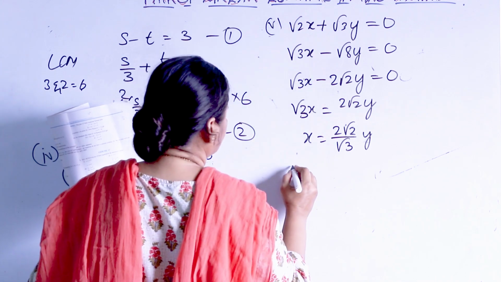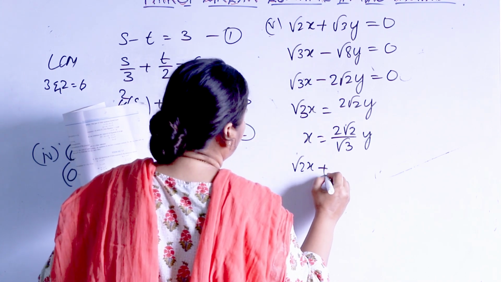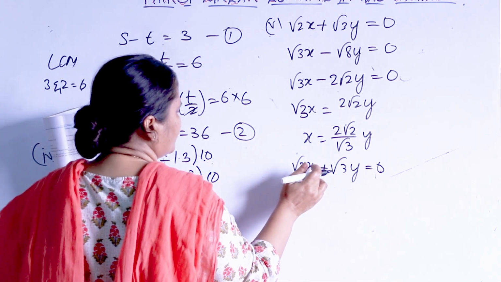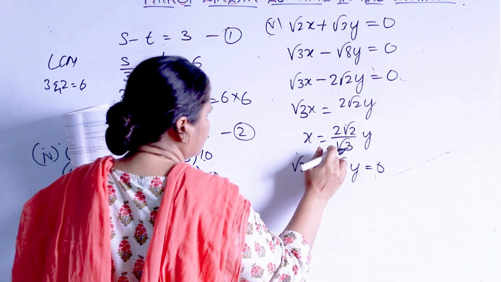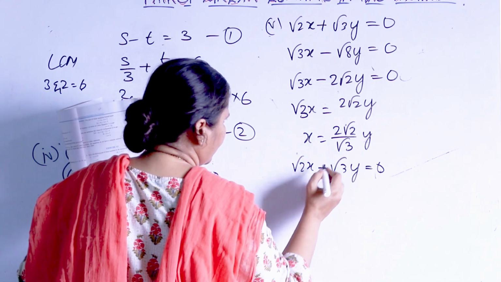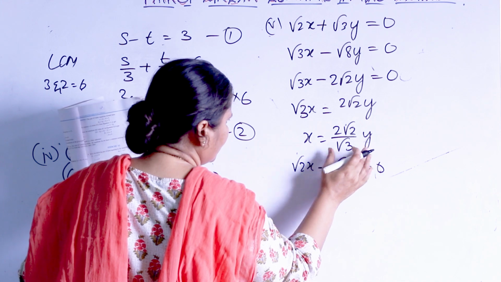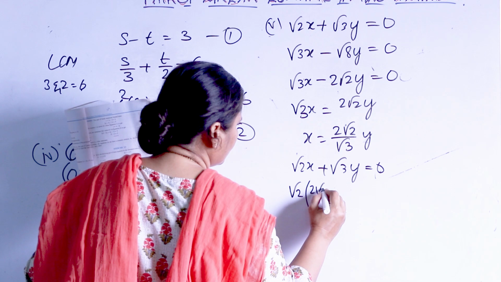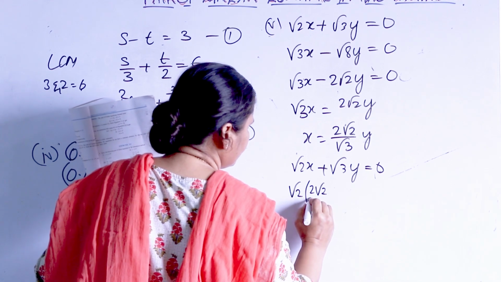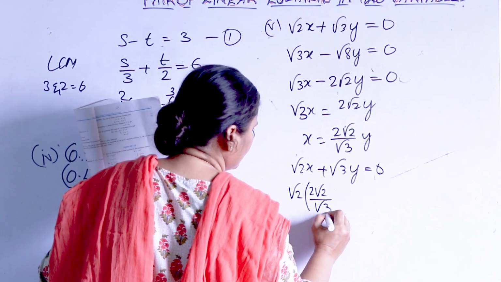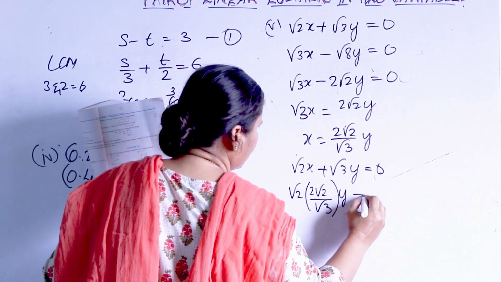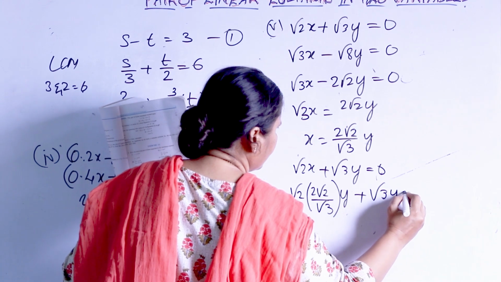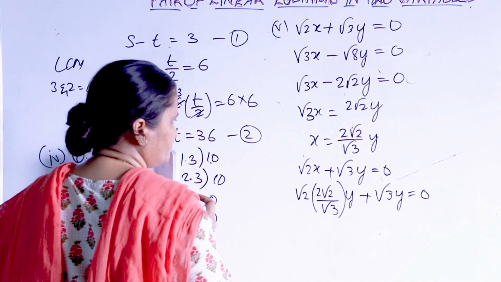In equation 1, sorry. Root 2x plus root 3y equals 0. So what is x for us? 2 root 2 by root 3 y. Right? X is the whole thing. X is 2 root 2 by root 3 y plus root 3 y equals 0.